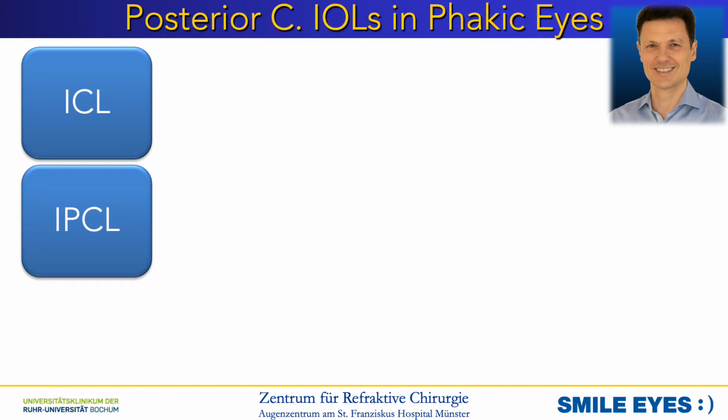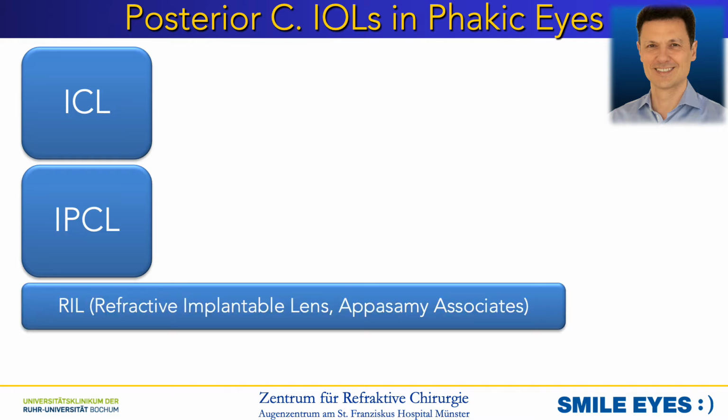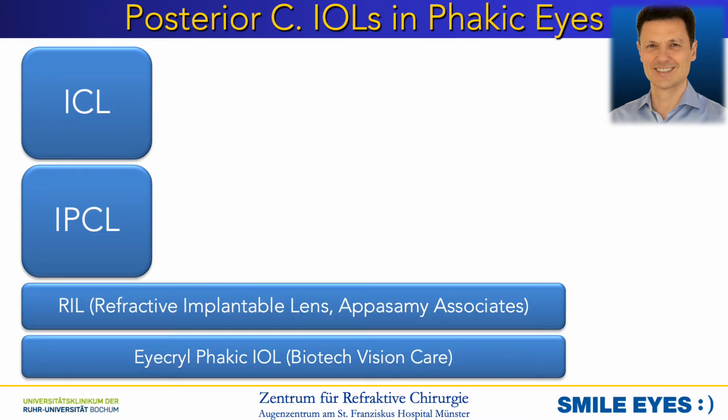Oftentimes the term ICL is used synonymously with phakic IOL implantation. However, there are at least 3 other models available, one of which is the IPCL, and then we have the refractive implantable lens and the acryl phakic IOL.